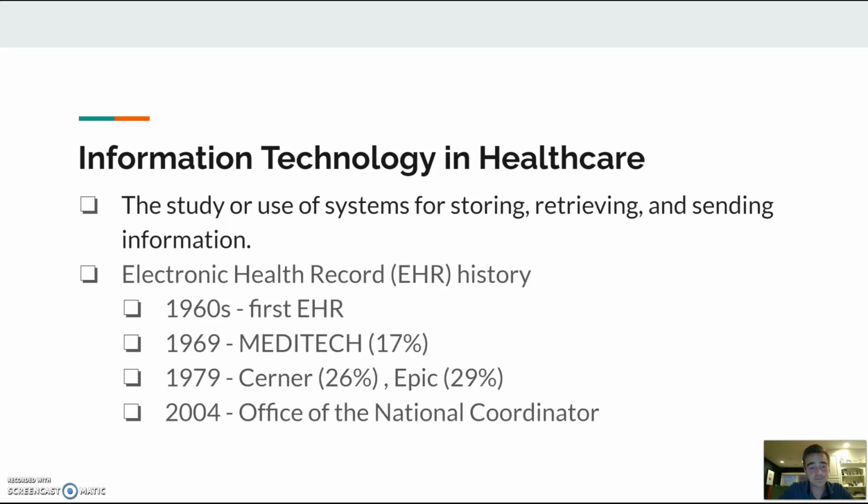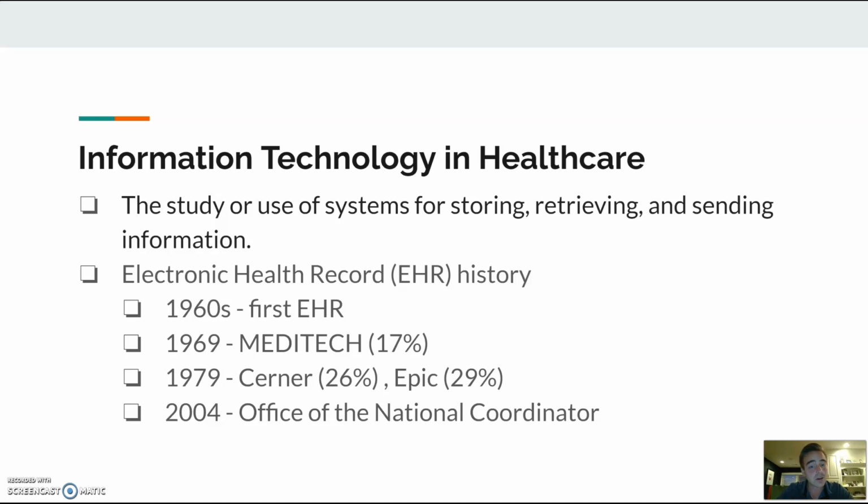After 1979, as these systems were being built and starting to be used, at this point, finally, the United States government got a little bit more involved and actually created the Office of the National Coordinator. This was just a governing organization inside of the government that was designed to help create some more regulations and specifications around the EHR.